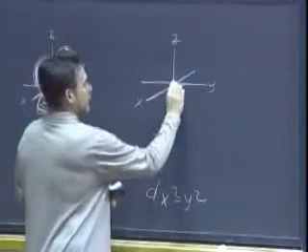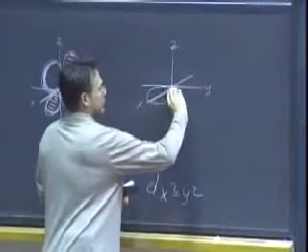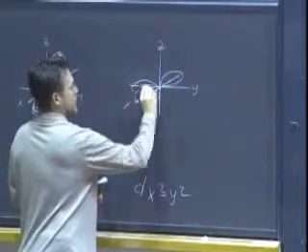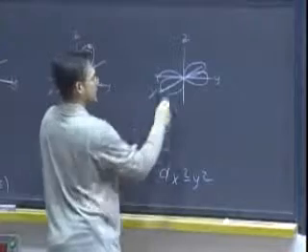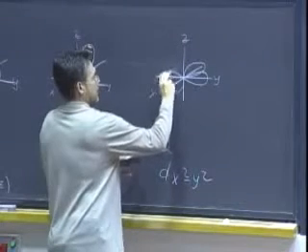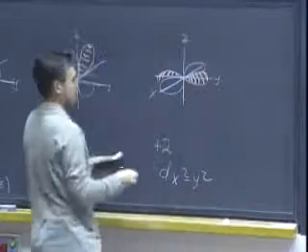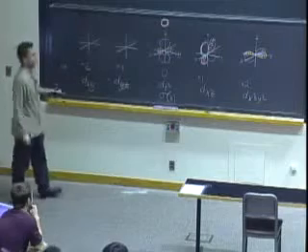X squared minus y squared, like dz squared, is an orbital whose lobes point along the coordinate axes. Like this. And it's minus along y, as the name suggests, and plus along x, as the name suggests. So that's your dx squared minus y squared orbital.